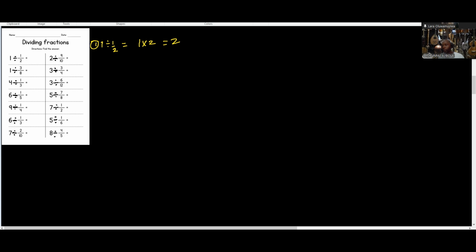Then the second one, number 2, we have 1 divided by 3 over 8, and that is 1 times 8 over 3, and that's 8 over 3.